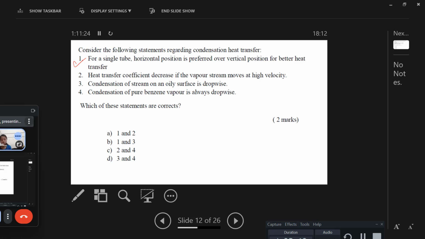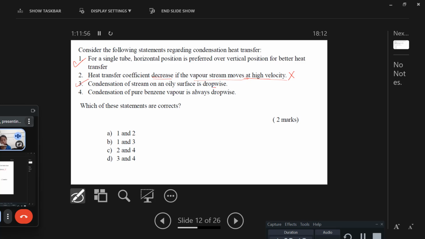Okay, now heat transfer coefficient decreases if the vapor stream moves at a high velocity. Usually if it is moving at a high velocity, the convection increases the heat transfer coefficient, the ability to transfer the heat. So this is wrong. It doesn't decrease it. Instead, the high velocity increases the heat transfer rate. The condensation of steam on an oily surface is dropwise.